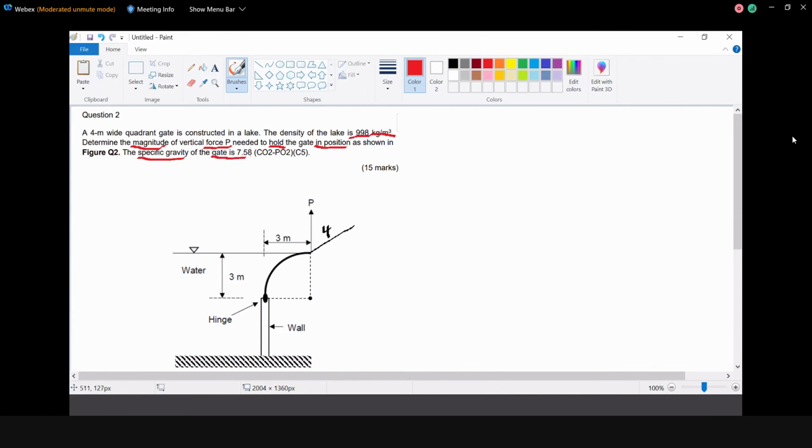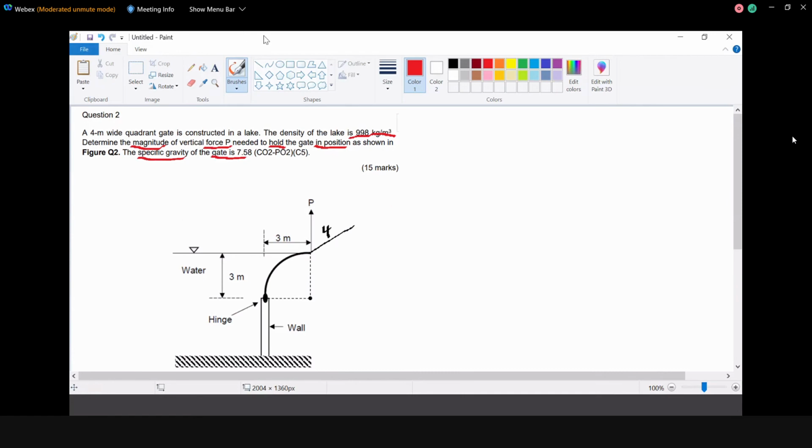If they give information regarding the gate, it means that we need to consider the weight of the gate. Something like a structure or something floating usually has weight. Sometimes when the question doesn't give it, we neglect the weight. But this time, they need you to consider the weight in the calculation.